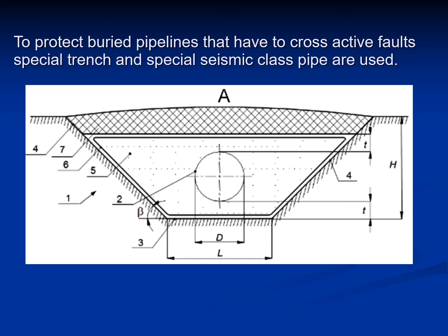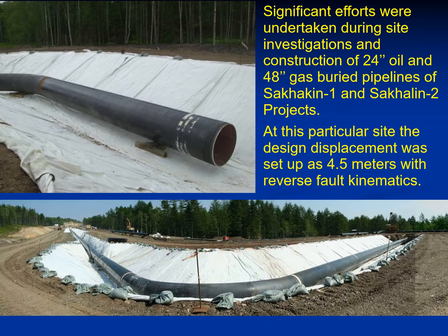To protect buried pipelines that have to cross active faults, special trench and special seismic class pipe are used. Here you can see it. Significant efforts, for example, were undertaken during site investigations and construction of 24-inch oil and 24-inch gas buried pipelines of the Sakhalin-1 and Sakhalin-2 projects.